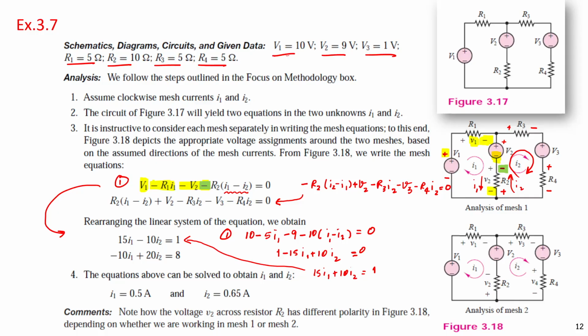Just substitute, then we get this equation. Similar for the second one. Then we solve for I1 and I2. We get I1 0.5, I2 0.65.